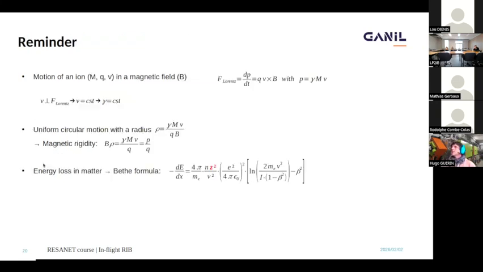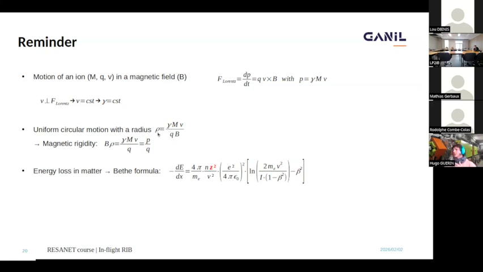Before starting, a reminder of the motion of an ion in a magnetic field. This leads to the so-called Lorentz force, which is q, the charge of the ion, times the speed, cross the magnetic field. This Lorentz force is perpendicular to the speed of the ion, which leads to a uniform circular motion with a radius we call rho, which is gamma m v over qB.